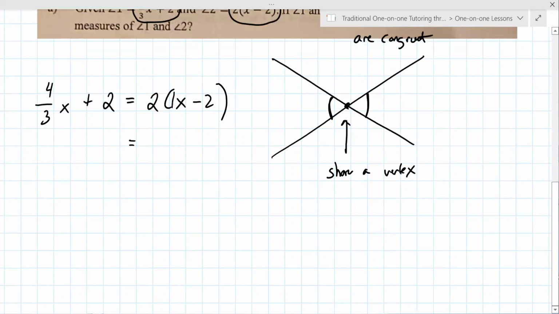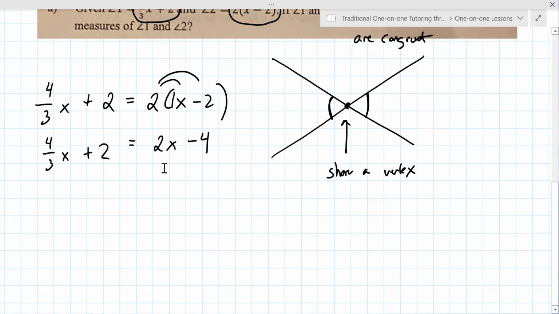There's a 1x here, but when you multiply by 2, it becomes 2x. 2x minus 2. You have to multiply both of them by 2, so that's a 4. So now you have 4/3 x plus 2 equals 2x minus 4.